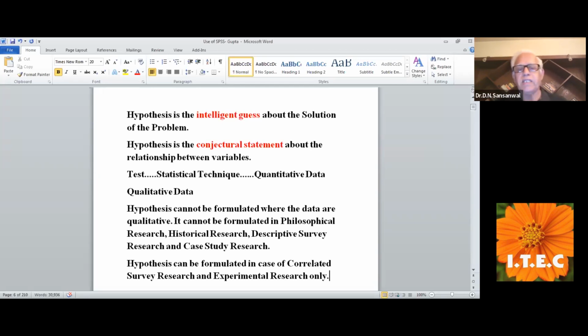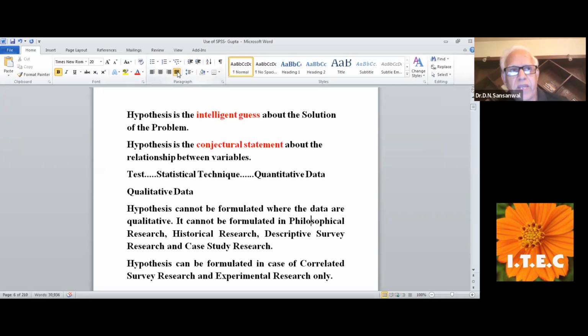So this is important. So that means if you are conducting a correlational survey or experimental research, then you have to have a hypothesis. But if you are not conducting this, then you need not have a hypothesis. That means the formulation of hypothesis is not a step in all types of research.